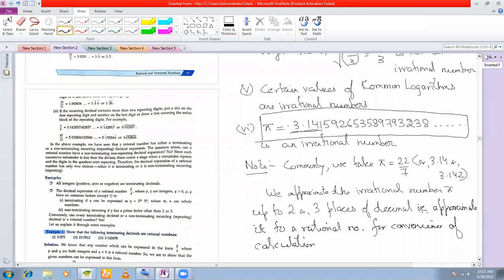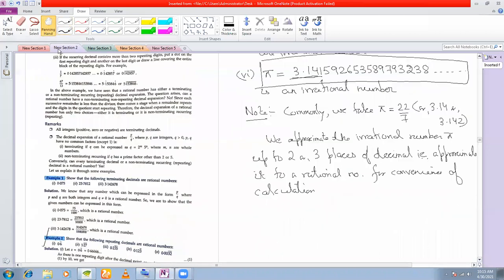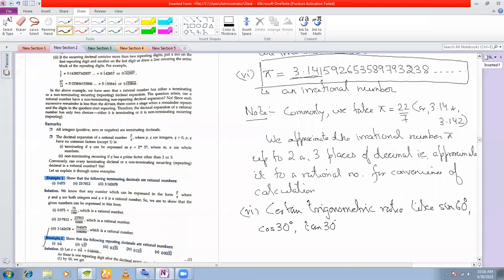Certain trigonometric ratios are irrational, like sine 60, cos 30, tan 30, tan 60, etc. These are irrational numbers.